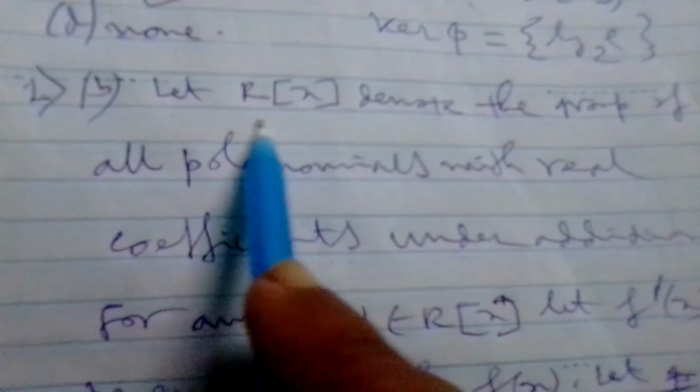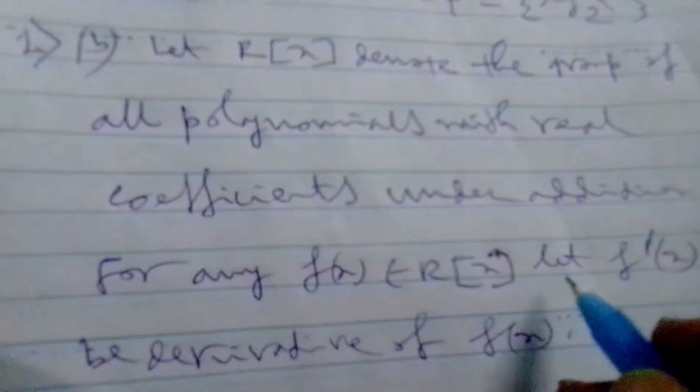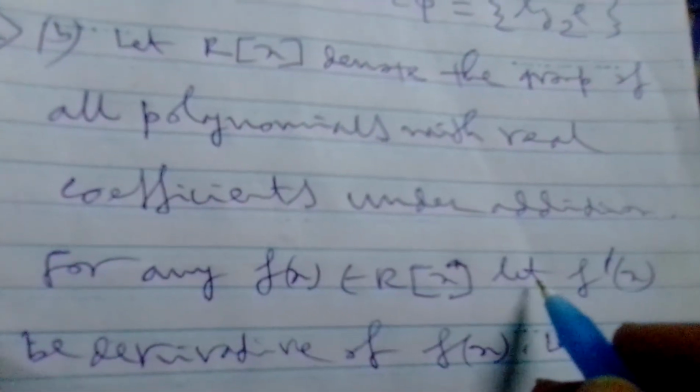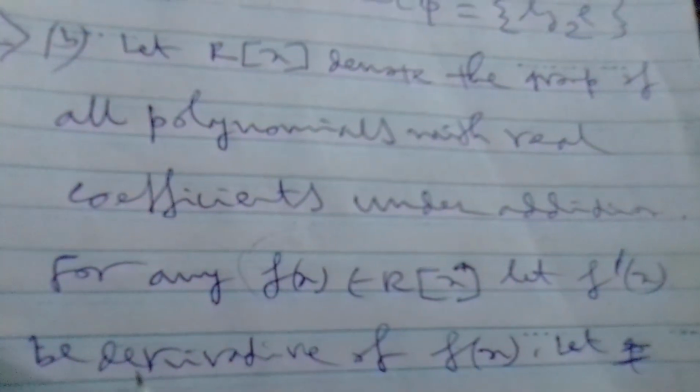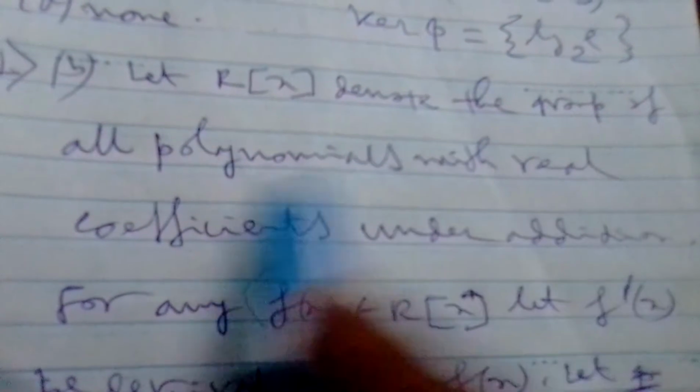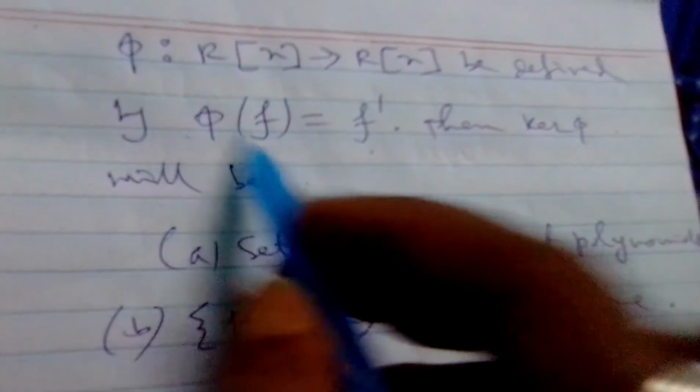And if we consider another question: let Rx denote the group of all polynomials with real coefficients under addition, and for any f(x) belonging to Rx, let f dash x be the derivative of f(x), and let phi from Rx to Rx be defined by phi of f equals f dash, the simple derivative.